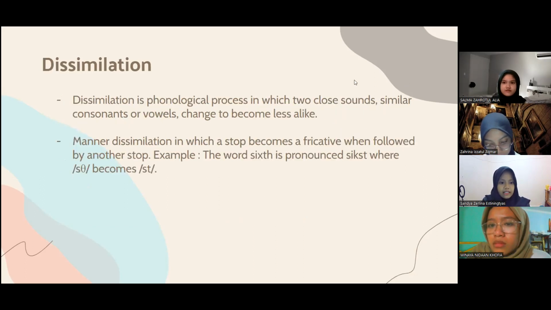The next is dissimilation. Dissimilation is a phonological process in which two close sounds, similar consonants or vowels, change to become less alike. A sound changes one of its features to become less similar to an adjacent sound, usually to make the two sounds more distinguishable. This type of rule is often seen among people speaking a language that is not their native language, where sound contrasts may be difficult, so the rule is applied for ease of production and perception.